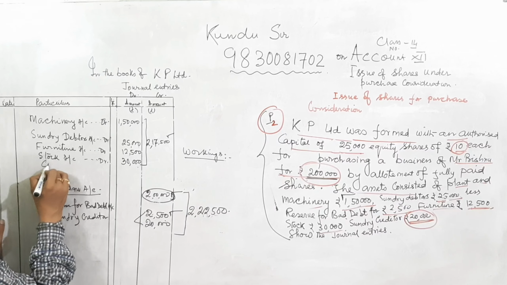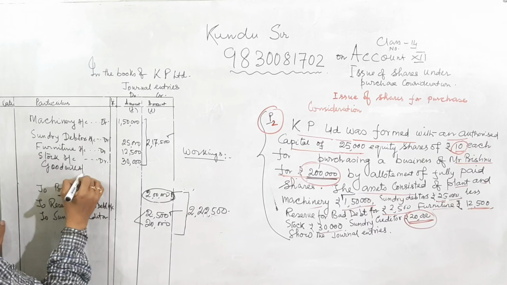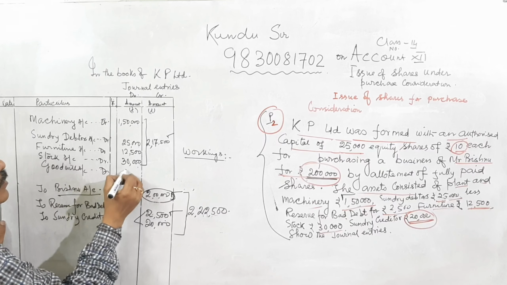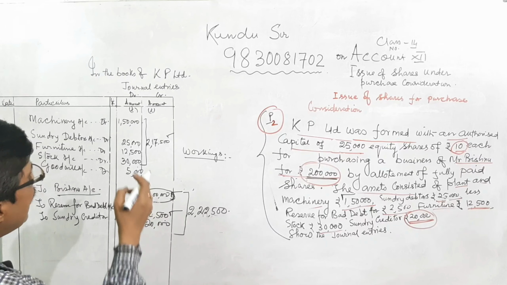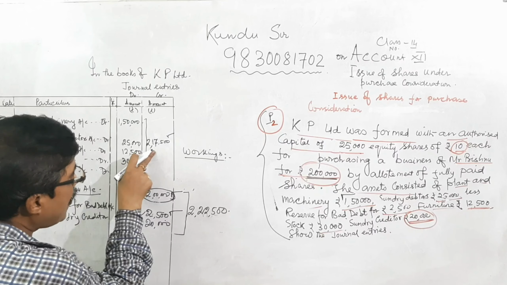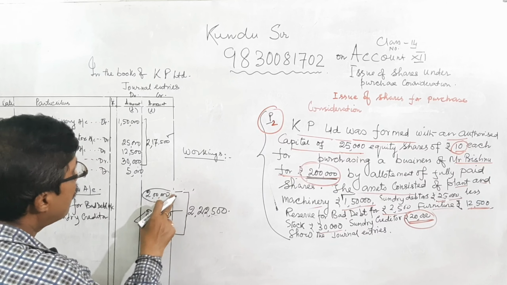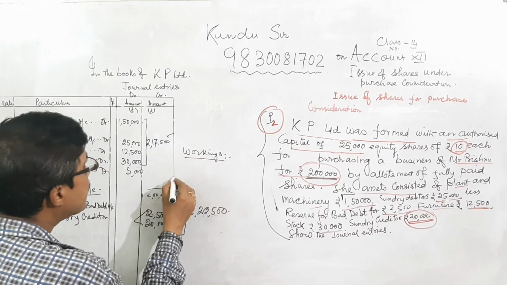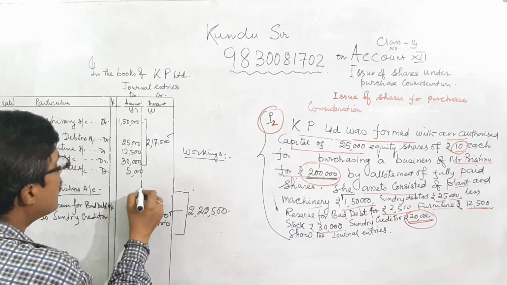So you should write here goodwill account debit 5,000, then if you total, that is equal to 2,22,500. It is also 2,22,500.